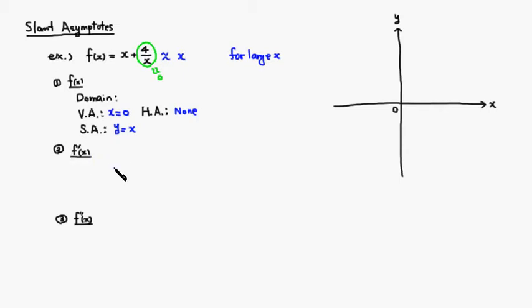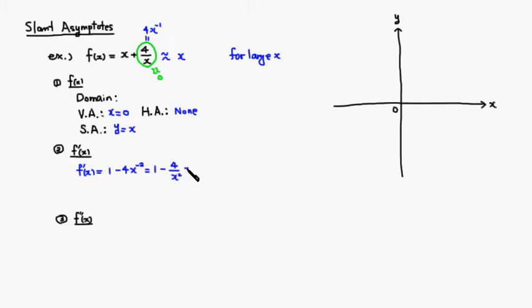Let's take the first derivative. f prime of x is equal to the derivative of x, which is 1. And 4 over x can be rewritten as 4 times x to the negative 1, so the derivative is negative 4 x to the negative 2 power, which gives 1 minus 4 over x squared.